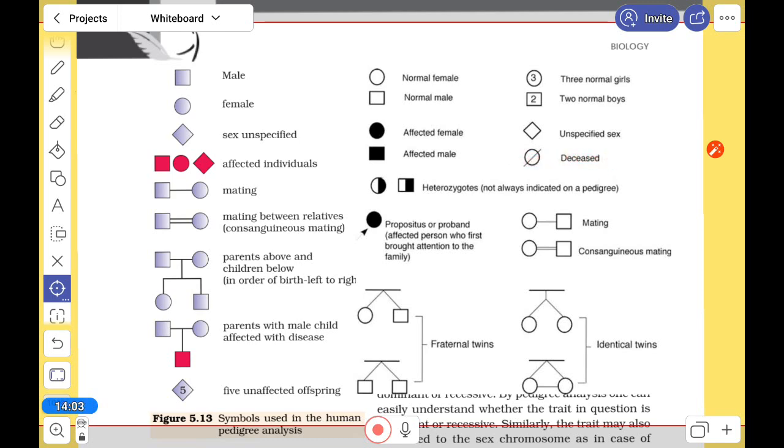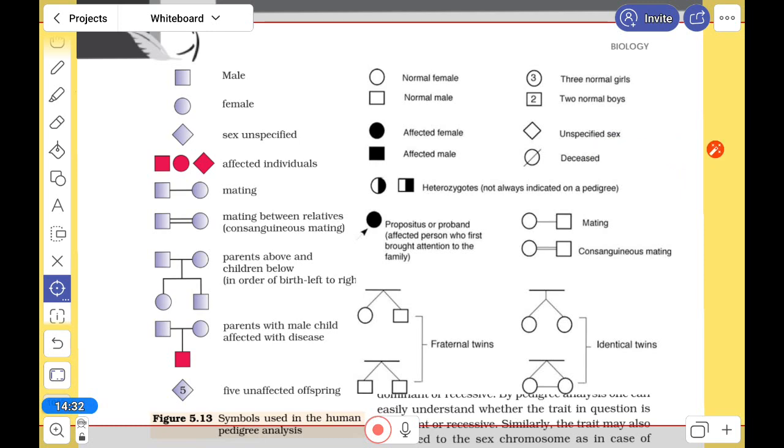Okay. This is mating and consanguineous, and here is the affected person who brought attention to the family. It means that this is not definitely any disease, this affected person. Okay. So these are the signs that you have to prepare.